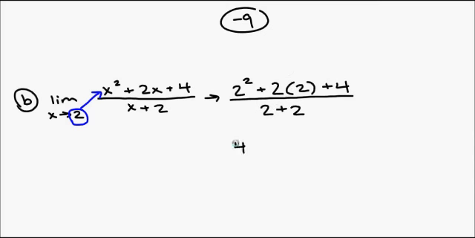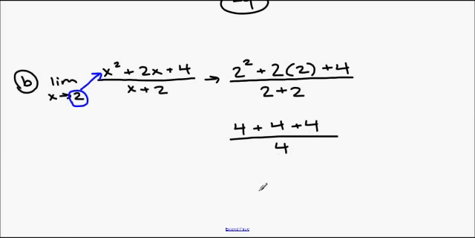So we have 4, 2 squared is 4, plus 2 times 2 is 4, plus 4, over 2 plus 2 is 4.